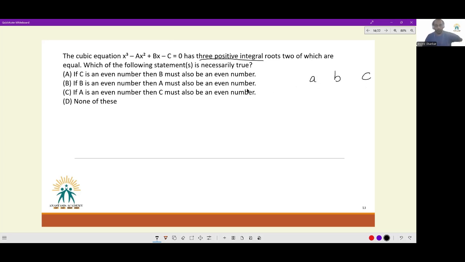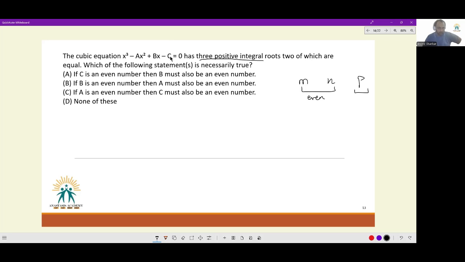If c is an even number... I can't take a, b, and c because it will be confusing. Let the 3 roots be m, n, and p, of which two are equal, and this one could be even or could be odd. If c is an even number, c has to be an even number.